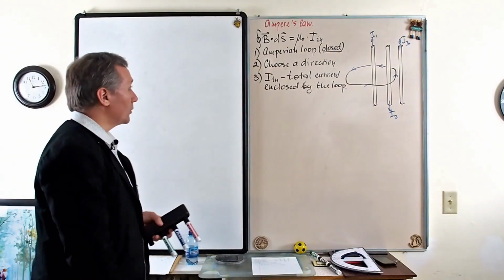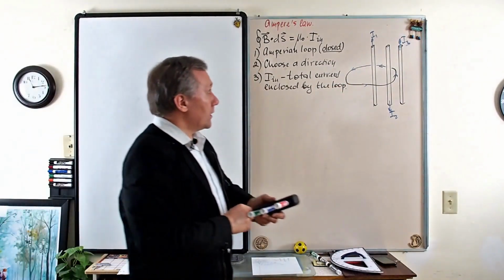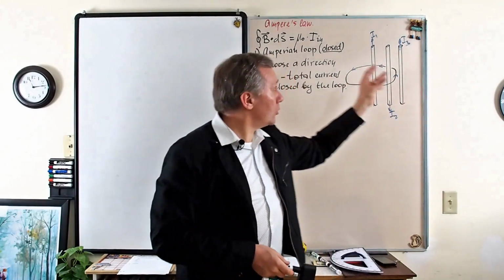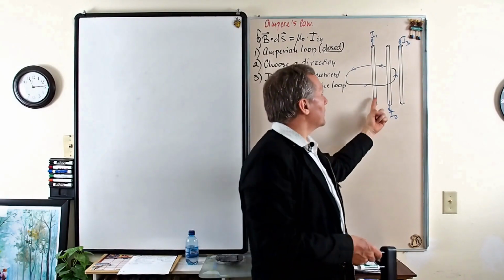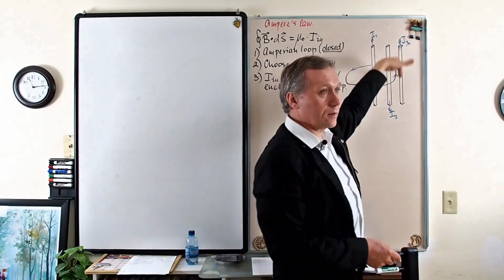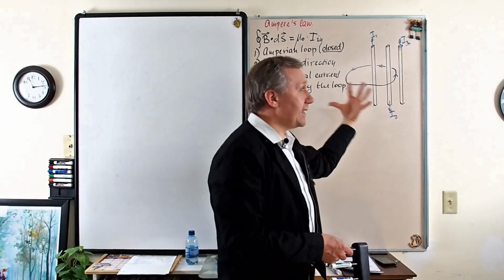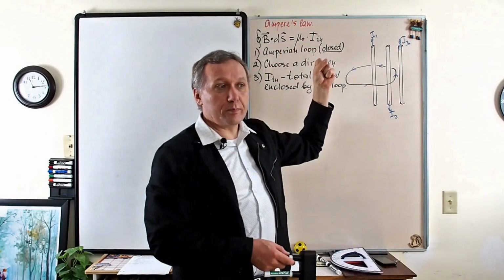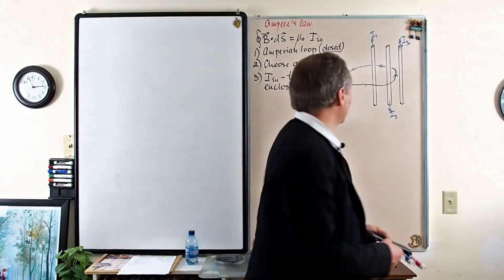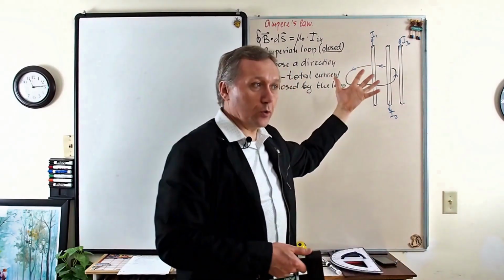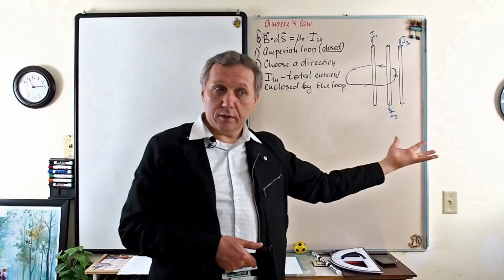In this case, we have two currents enclosed by the Amperian loop, and one current is up, the second current is down. So definitely they cannot enter into our Amperes Law with exactly the same sign. We have to make a decision which current is going to be positive and which current is negative.